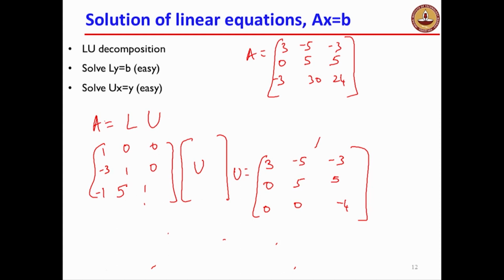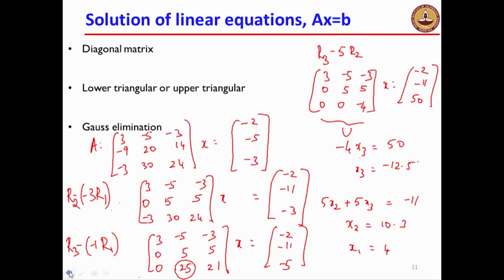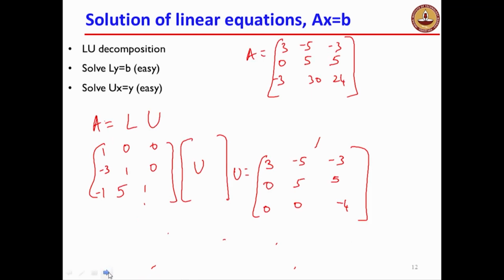So the entries in the lower triangular part of the matrix are basically the negatives of the multipliers. That's why I wrote it in a very specific manner, right? I wrote it as R2 minus of minus 3 R1. So if you ignore that minus sign in the first, then whatever other multiplier that you are using, in this case minus 3, the second case it was minus 1, and the last case it was just 5, those enter into your lower triangular part of the matrix.